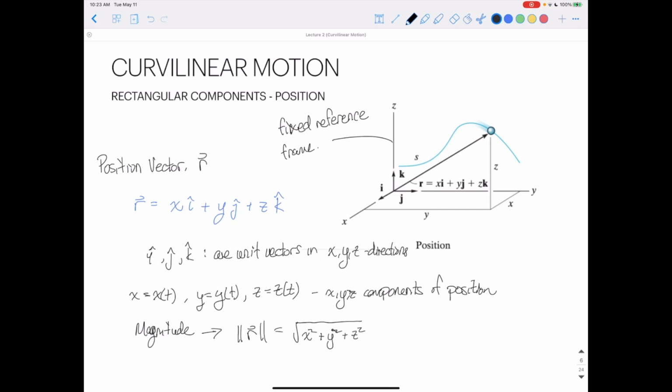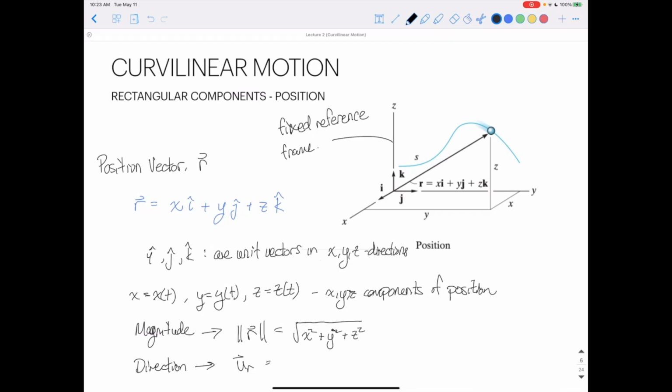And then lastly, because it's a vector, it has a magnitude and a direction. We can write the direction as a unit vector along that position vector line. So we can say the direction, we'll define that as u_r, which is our unit vector in the direction of our position vector.